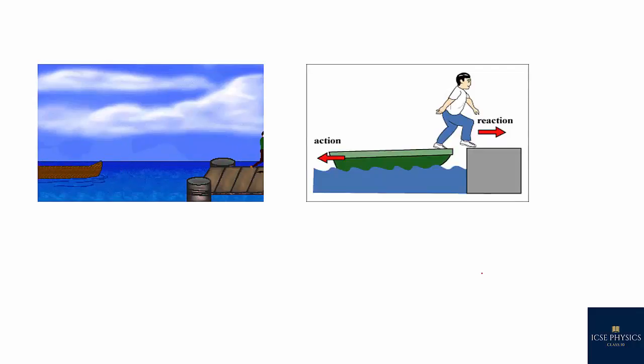Now let's see this example. As you can see, as soon as the person jumps onto the wooden plank, the boat moves away in the opposite direction. What happens here? There is an action force which makes the boat move away, and there is a reaction force.